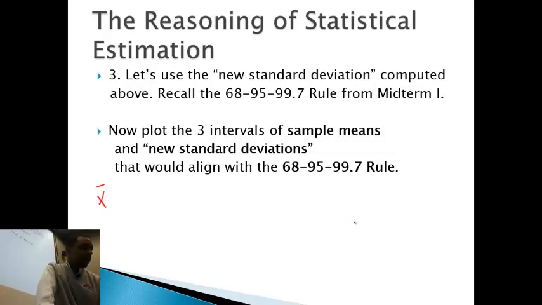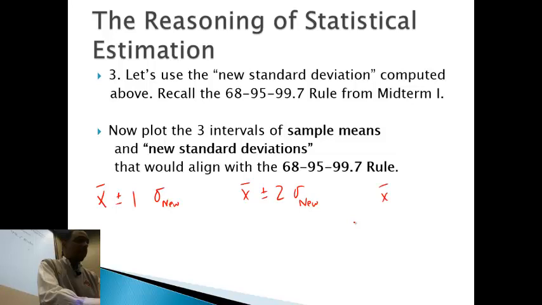So you remember this from way back when. The sample mean, give or take 1, I'll call this new standard deviation. The sample mean plus or minus 2 so-called new standard deviations. The sample mean plus or minus 3 so-called new standard deviations.